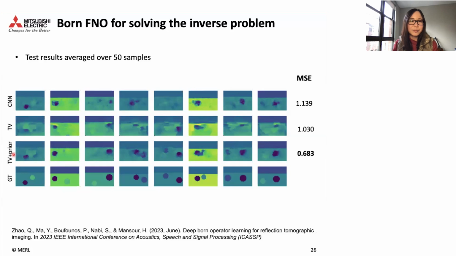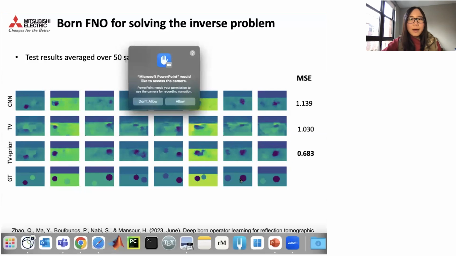And then we solved the optimization problem and obtained this result. So we can see that the layered structures are usually reconstructed pretty well. And for the objects, sometimes we are missing an object, but most of the time we were able to reasonably reconstruct those objects.